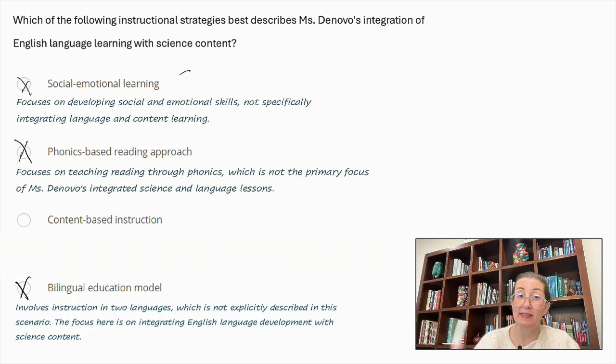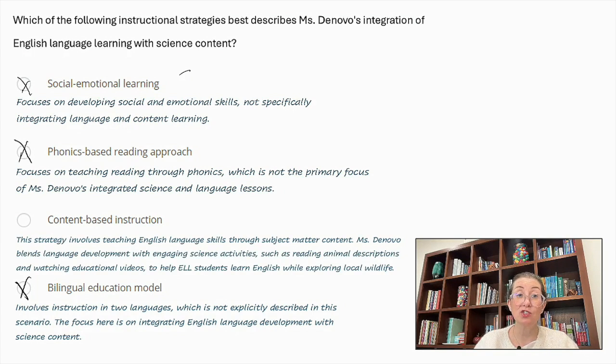So we can eliminate that as well. Content-based instruction. This strategy involves teaching English language skills through subject matter content. Ms. DeNovo blends language development with engaging science activities, such as reading animal descriptions and watching educational videos, to help ELL students learn English while exploring local wildlife. Therefore, this is the correct answer.